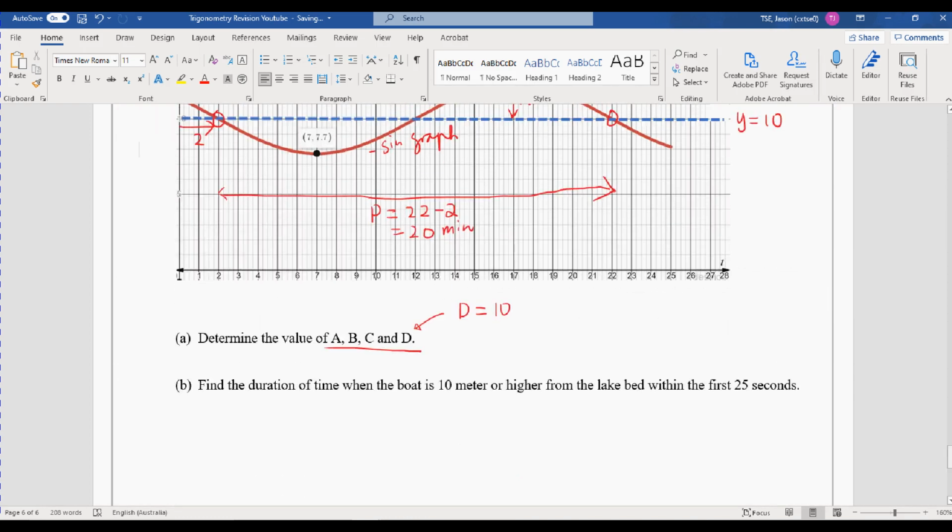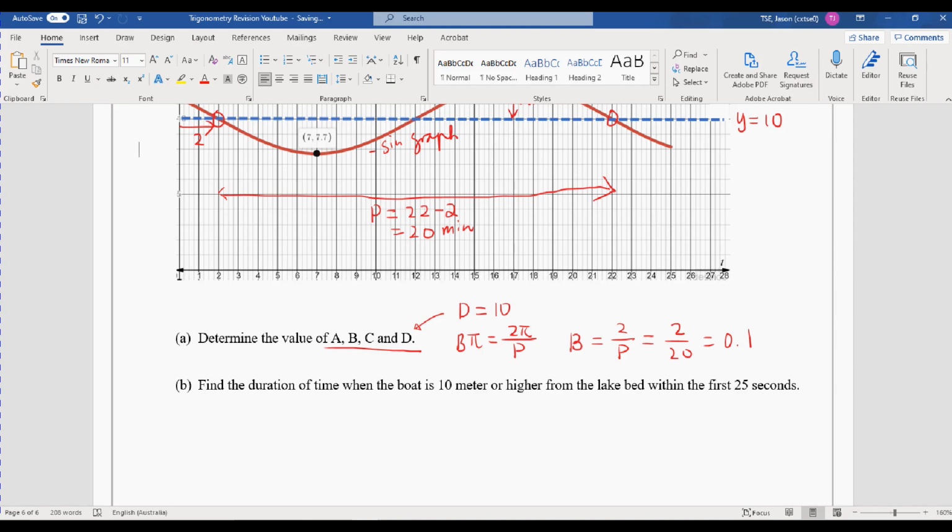That means B pi equals 2 pi over the period. So B equals 2 over the period, and the period is 20, so it's 0.1. We've got D, we've got B.